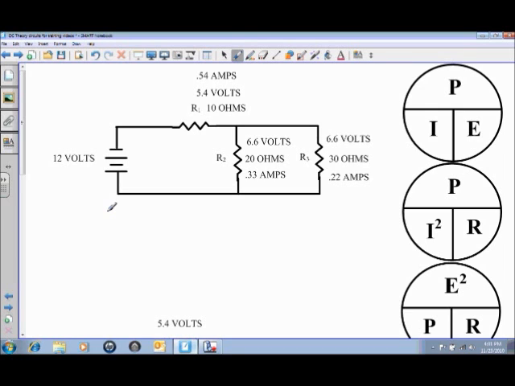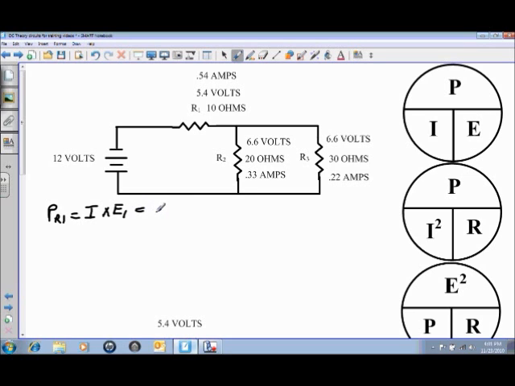So what we have left to do is to calculate power, and the power for the individual components is calculated the same way as it is in both the series and the parallel, and we can prove all of our numbers. So let's go ahead and take care of the power at R1 and use I times E, and that's going to be the current at R1 and the voltage drop at R1.